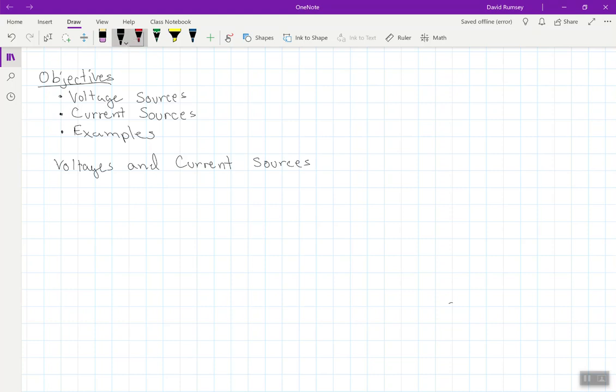Well, the first thing we should point out is that there's really two types of sources. The first one that we're going to look at, which is the one that most of you are probably already familiar with, you might not be familiar with the name, but they're called independent sources.